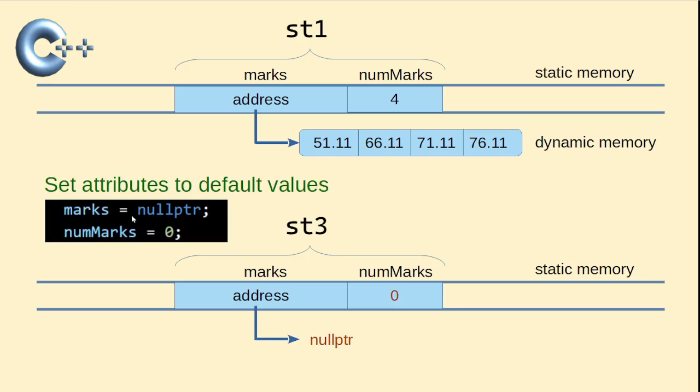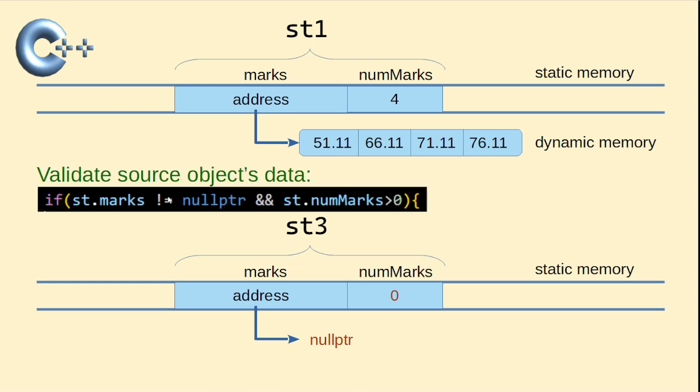Then we have a statement to set the attributes of the st3 object to default state. So max of the st3 object is set to nullptr, and number of max is set to 0. Next, the validation of the source data, that means st1 object's data, takes place.